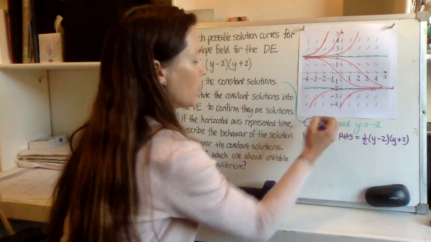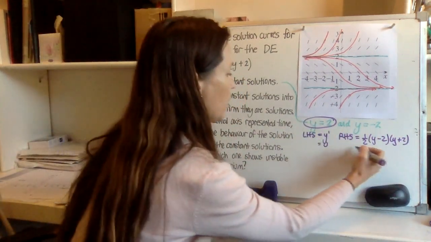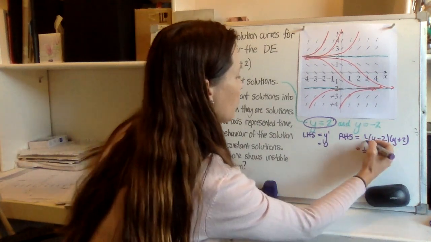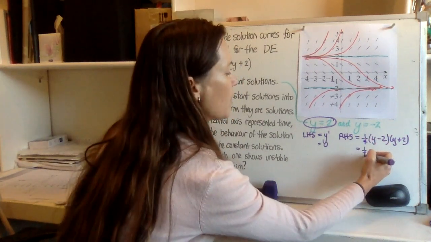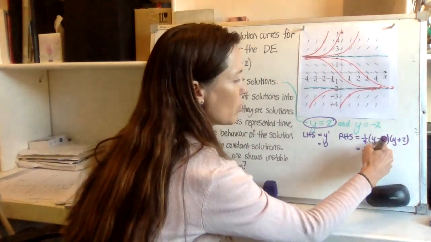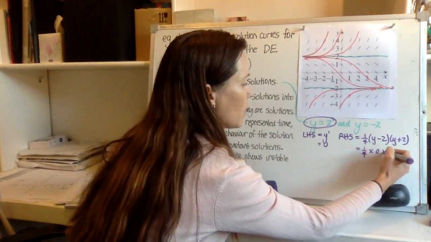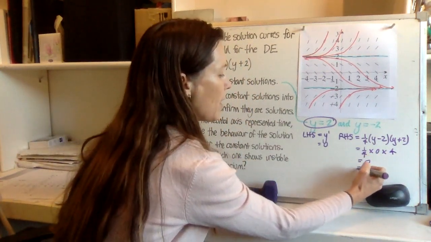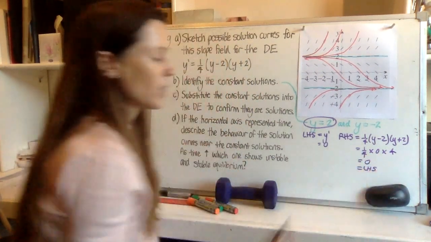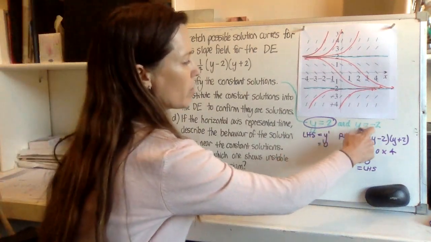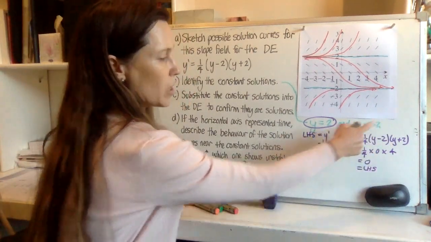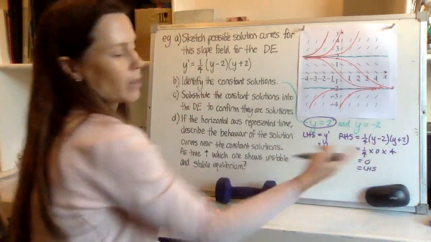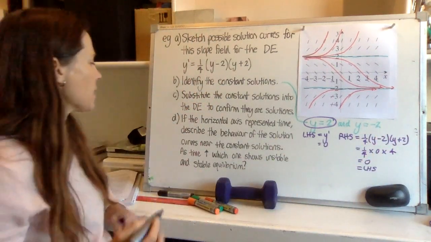So if we're saying that y is equal to 2, then that's going to be, it's not a half, it's a quarter. I said a quarter and I wrote down a half. Silly me. It's a quarter of, we've got 2 minus 2, which is 0, times 2 plus 2, which is 4. So clearly we're going to get 0 there, and that also equals the left-hand side. And we could do the exact same working using y equals -2, because differentiating that, we get 0, and here we would have 4 times 0, so we're going to get the exact same thing. So that's C, that's done.